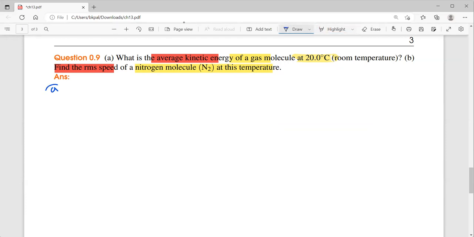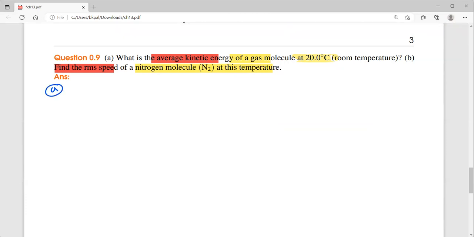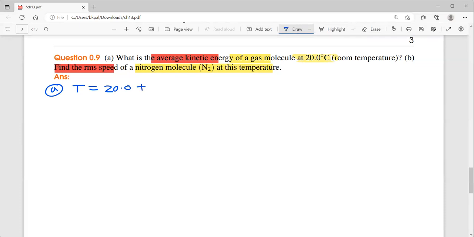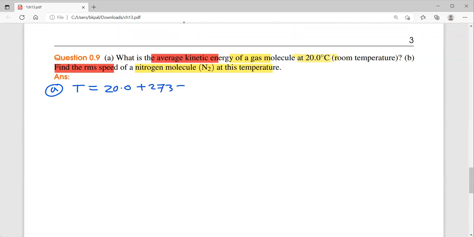Number A. The temperature is in degrees Celsius, so 20 plus 273 is 293 Kelvin. Let's first convert it into Kelvin. And then for the average kinetic energy, if you remember, the equation is something like this: 3 over 2 times the Boltzmann constant times the absolute temperature, for any gas.